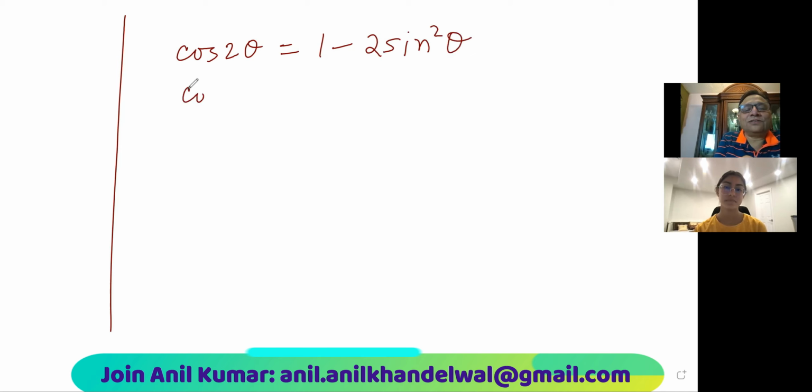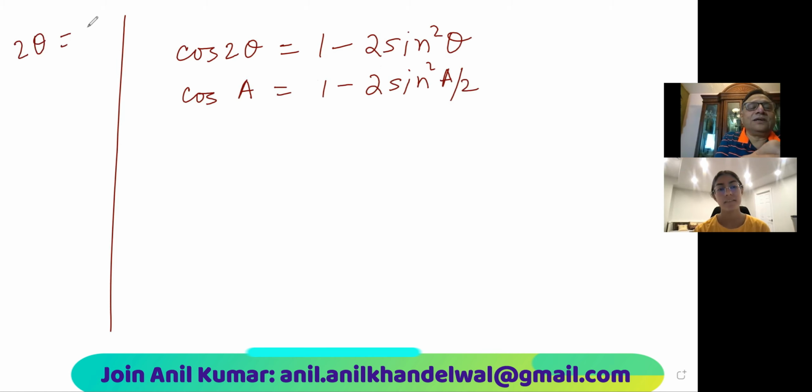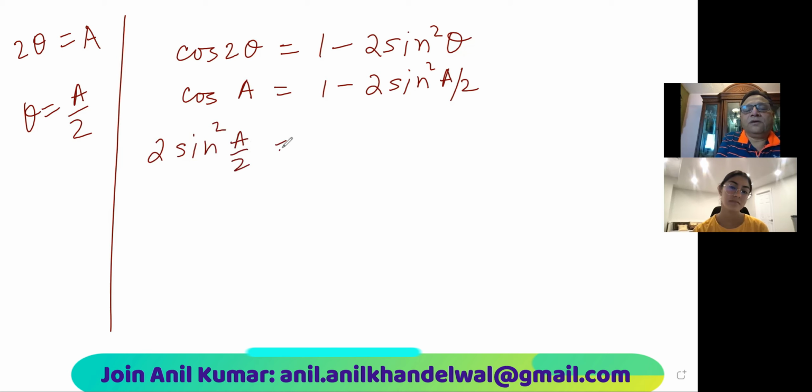Writing this as cos A equals 1 minus 2 sine squared A over 2, where the substitution is 2 theta equals A and theta equals A by 2. Perfect. So 2 sine squared A by 2 will be 1 minus cos A, correct?